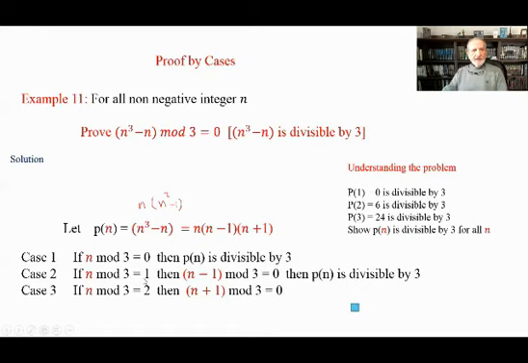If the remainder is 1, then if you take 1 from n, you get a number that is divisible by 3. So n minus 1 is divisible by 3, all of this will be divisible by 3. If n mod 3 is equal to 2, so if the remainder of the division is 2, then if you add 1 to n, you get a number that is divisible by 3. So when n plus 1 is divisible by 3, the whole thing will be divisible by 3.